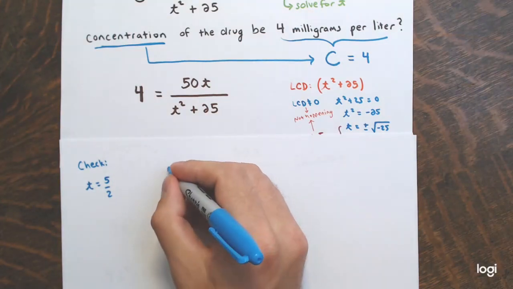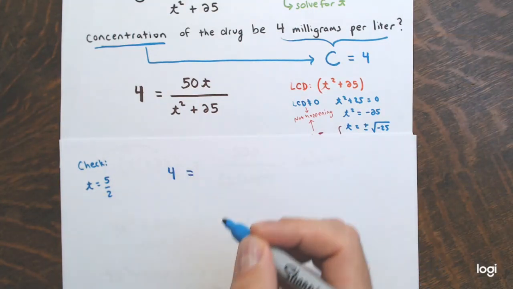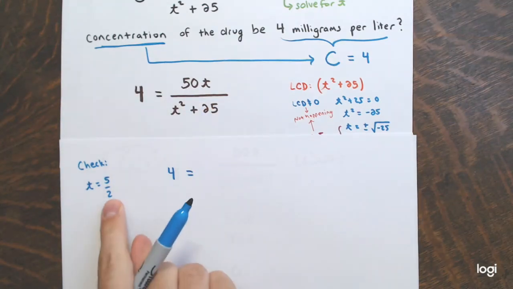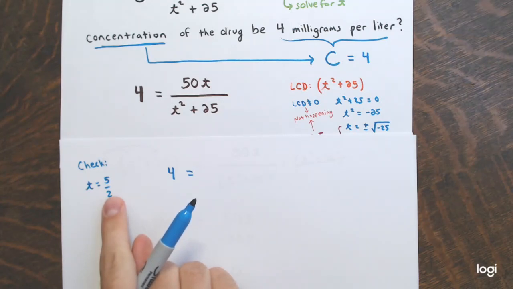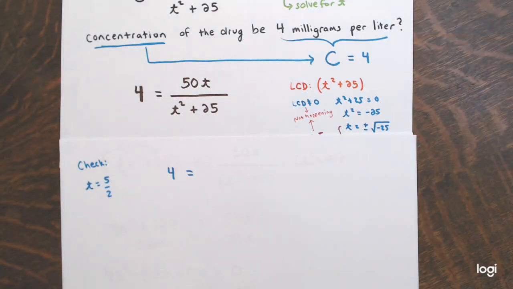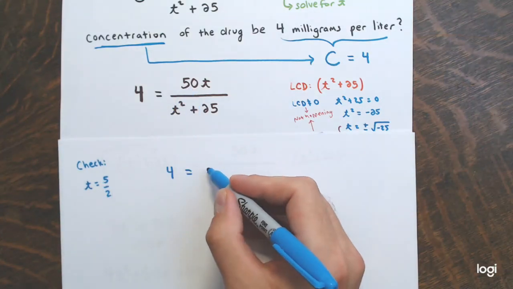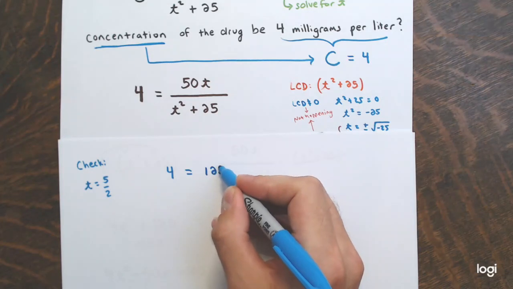The left side's 4 all the time. Now the numerator, you have 50 times 5 halves, or 2.5 times 50. That'd be 75. Alright, I'm sorry, not 75, 125. Because 2 goes into 50 25 times, and then you'd have 25 times 5. So you have 125 in the numerator.